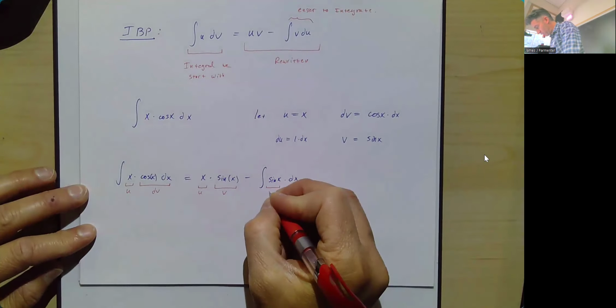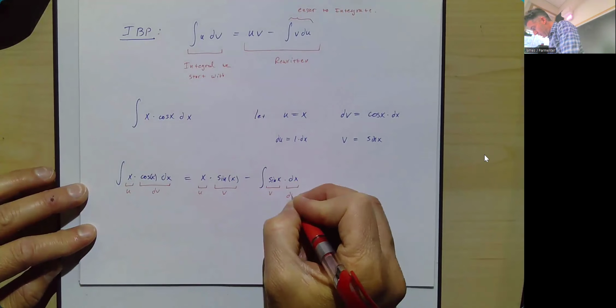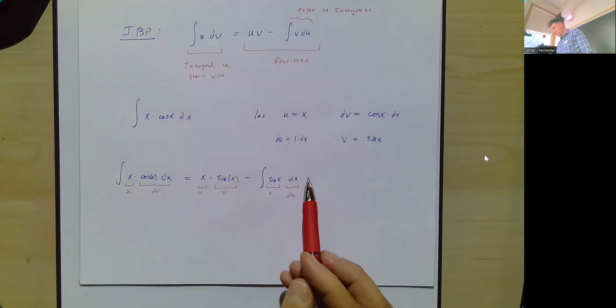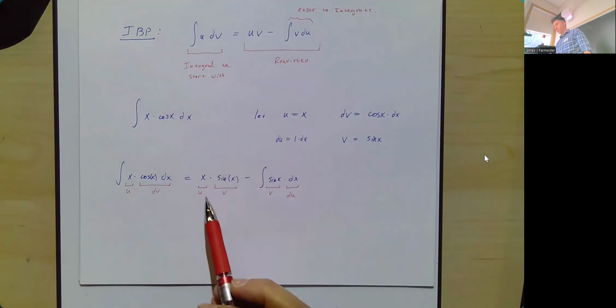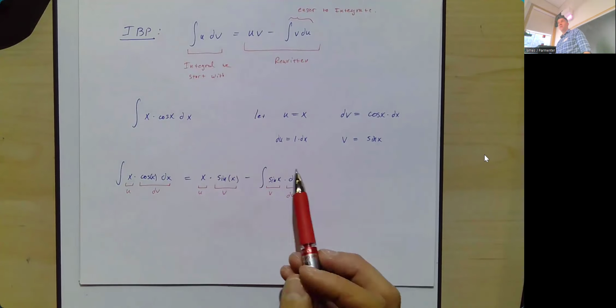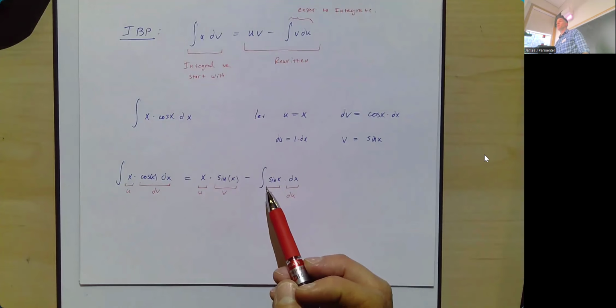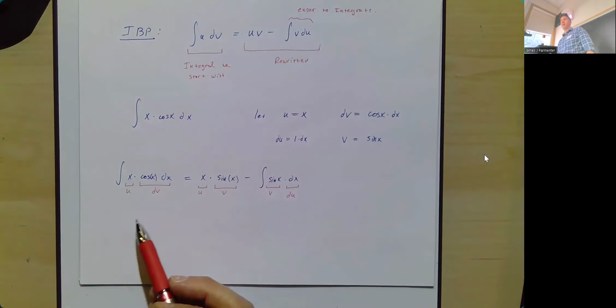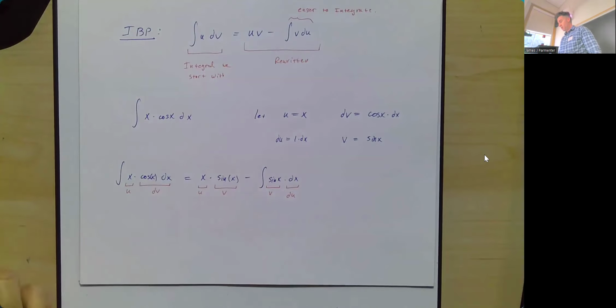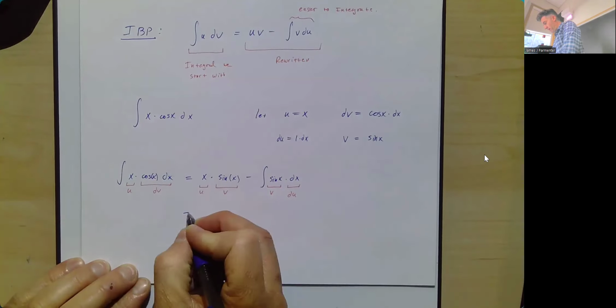And again, I want you to observe here that, oh yeah, this new integral in my total rewriting of the integral of x times cosine x, the integral of sine of x is much easier to deal with. It's actually something we know compared to the integral of x times cosine of x. So now we finish it off by evaluating it.